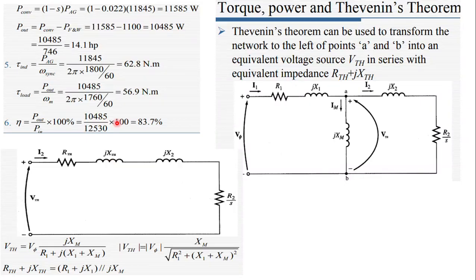Now stator current. From this equivalent circuit, the stator current is determined by the phase voltage divided by this equivalent circuit impedance. So after that, calculating this R2 over S plus jX2, before determining current, we have to calculate all these equivalent circuit impedances.